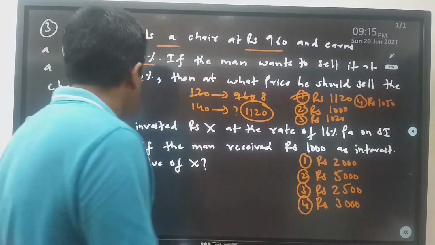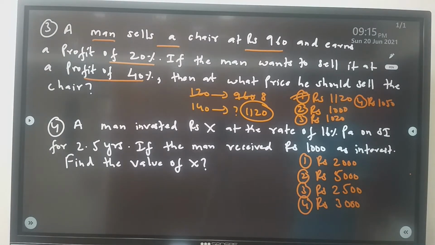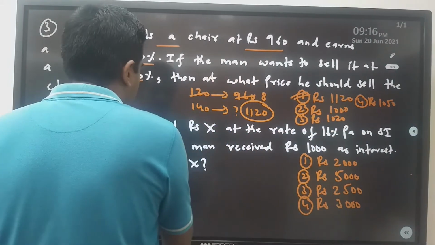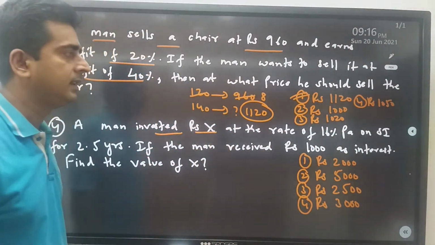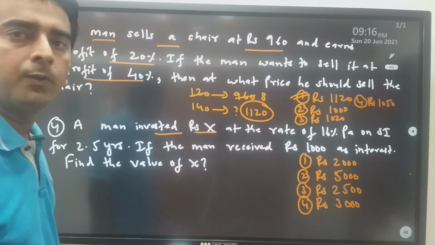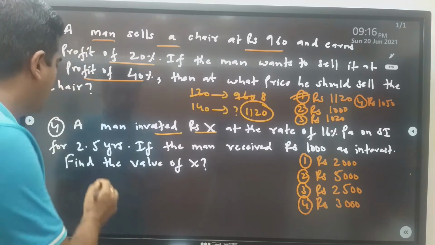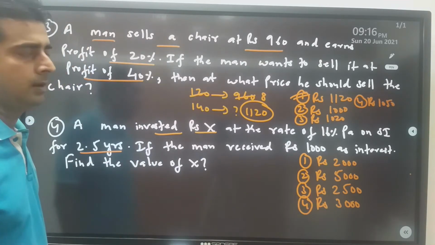Next one: a man invested rupees X at the rate of 16% per annum on simple interest for 2.5 years. If the man received rupees 1000 as interest, find the value of X. So the investment principal amount is rupees X and the rate of interest is 16% per annum on simple interest for 2.5 years. 16% for 1 year, so 2.5 years it is how much? 40%.